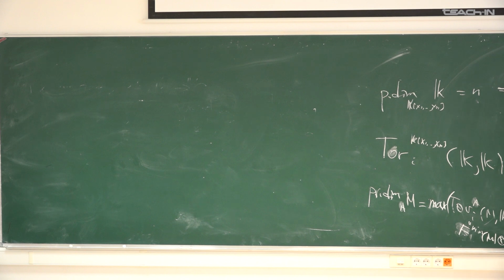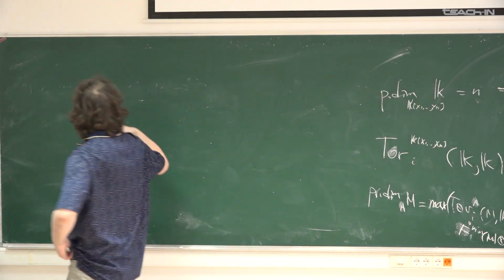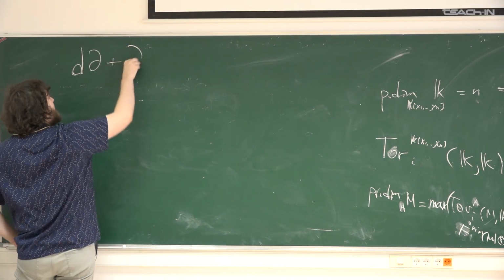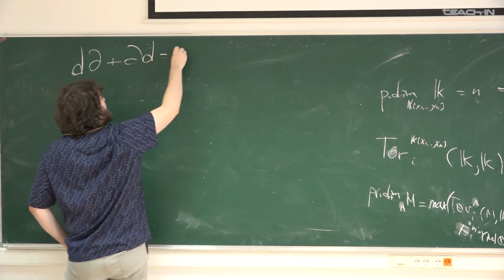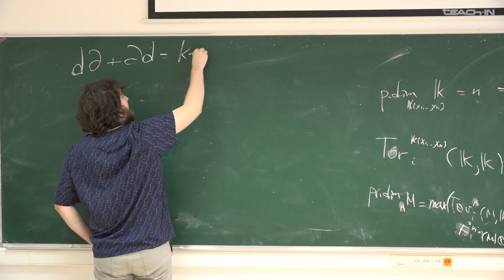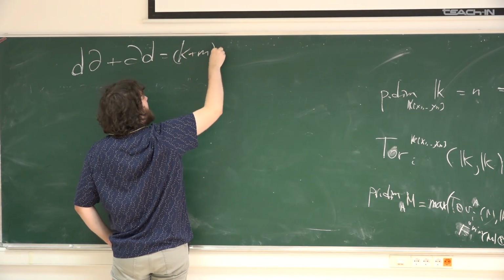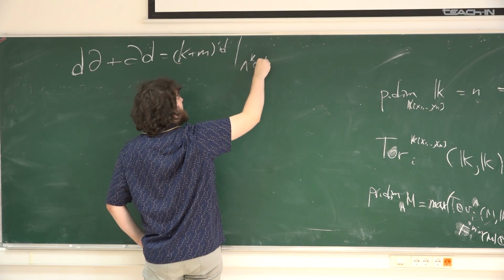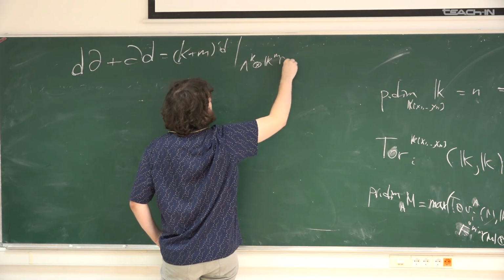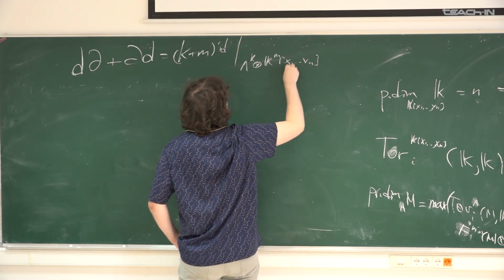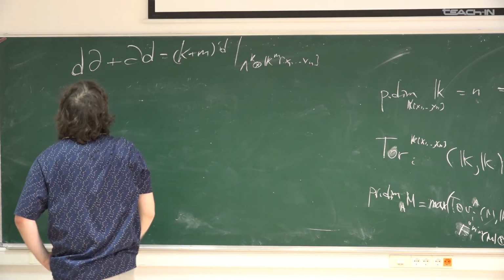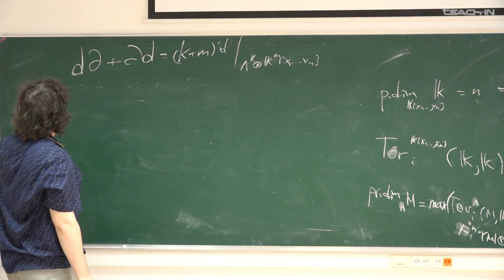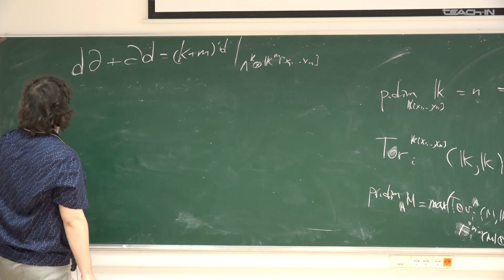But in this situation, for example, we have the de Rham differential, and we have this equality: this is k plus the identity on this quotient, on this graded component. So up to normalization, d is a chain homotopy between the Koszul differential and 0.